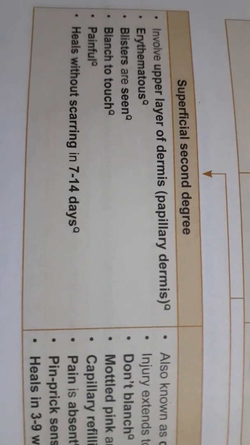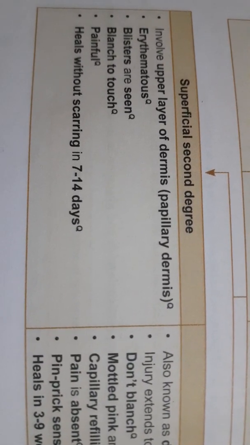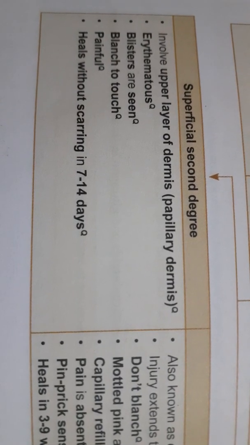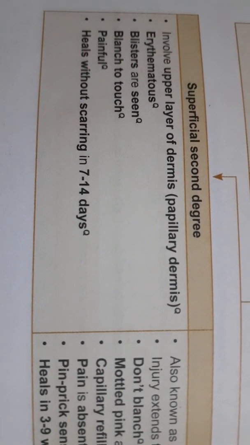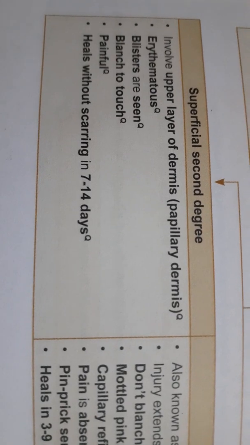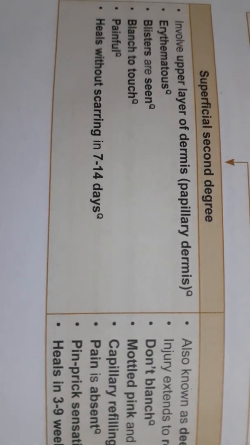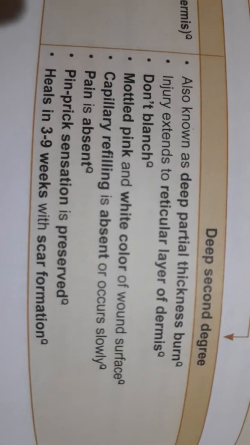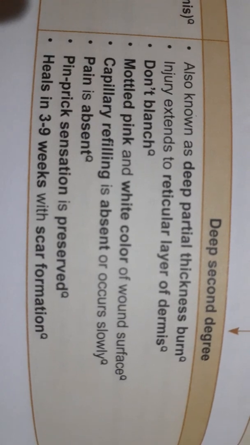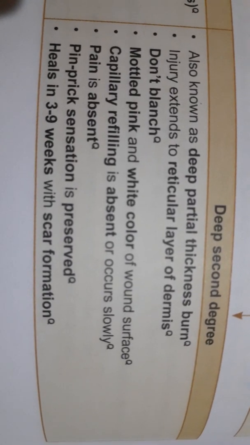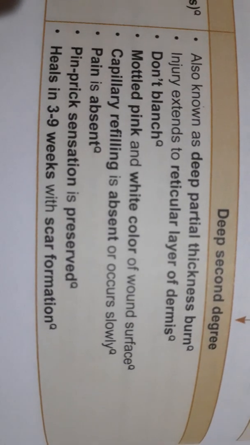Superficial second degree involves upper layer of dermis, papillary dermis, erythematous. Blisters are thin, bland to touch, painful, heals without scarring in 7 to 14 days. Deep second degree, also known as deep partial thickness burn.